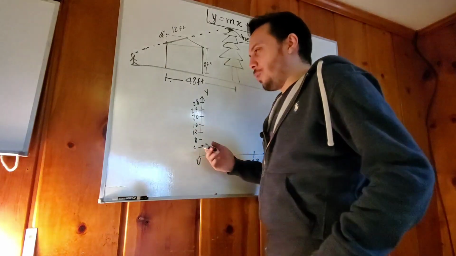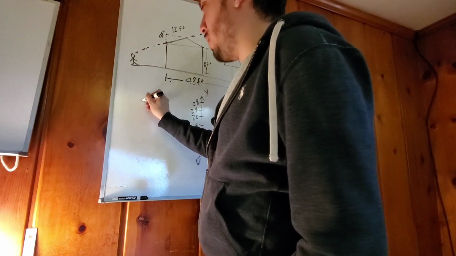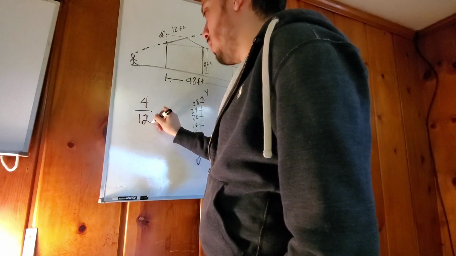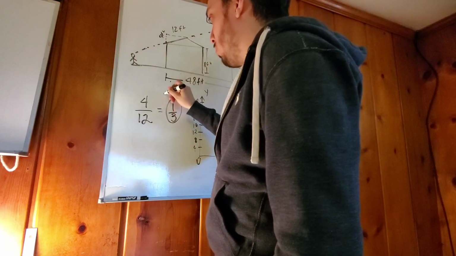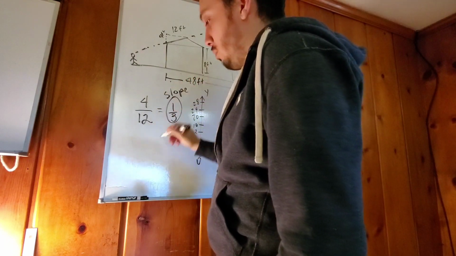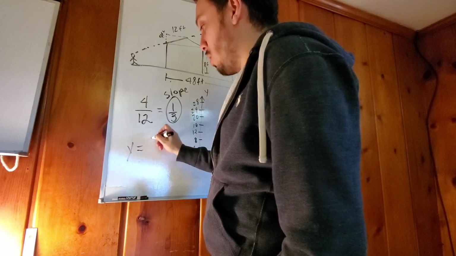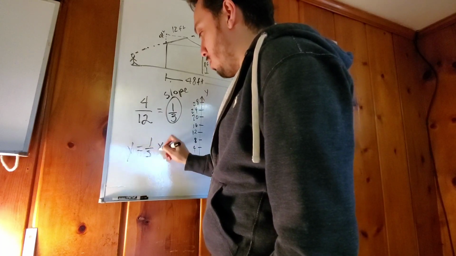So that's kind of weird. And so you're supposed to set it up 4 over 12, which is the same thing as 1/3. And this is supposed to be the slope. So I have y equals 1/3 of x.